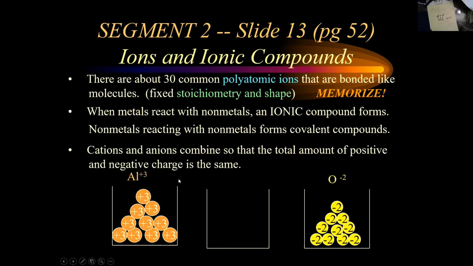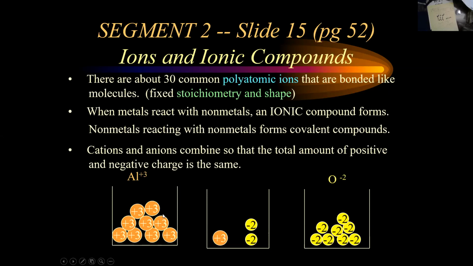I can imagine I'm able to get individual aluminum ions and individual oxygen ions to build a compound of aluminum and oxygen. I would take one of each, and now I check my charges, it's not neutral. I've got too much positive charge. So I'd go get another negative charge and put it in. Now I'm looking at this, I've got -4 with +3, I've got too much negative charge.